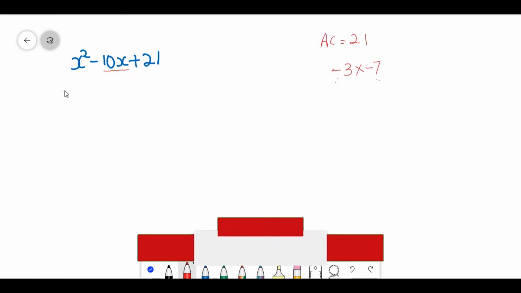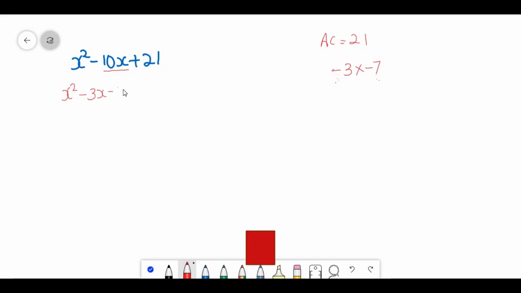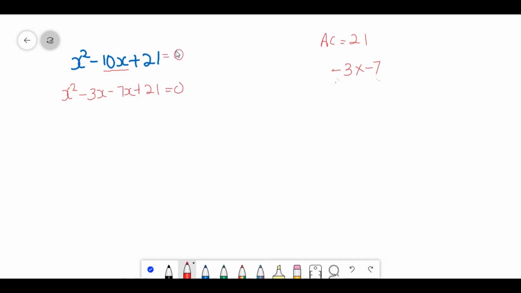So we have x squared minus 3x minus 7x plus 21 equal 0. You have to put in equal 0 because we're solving it now. We're not just factorizing it, but we're solving it. So we have first pair, second pair. Only thing common here would be the x.